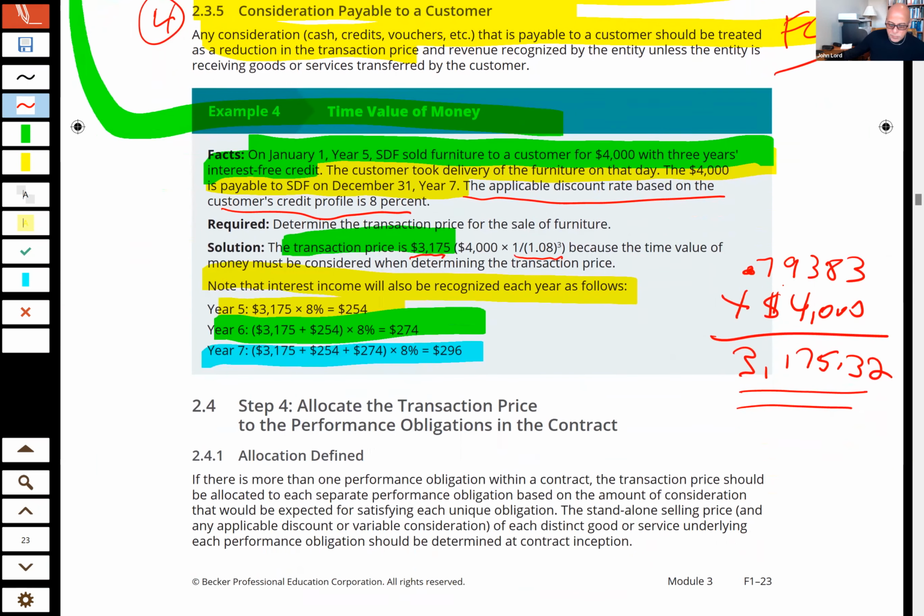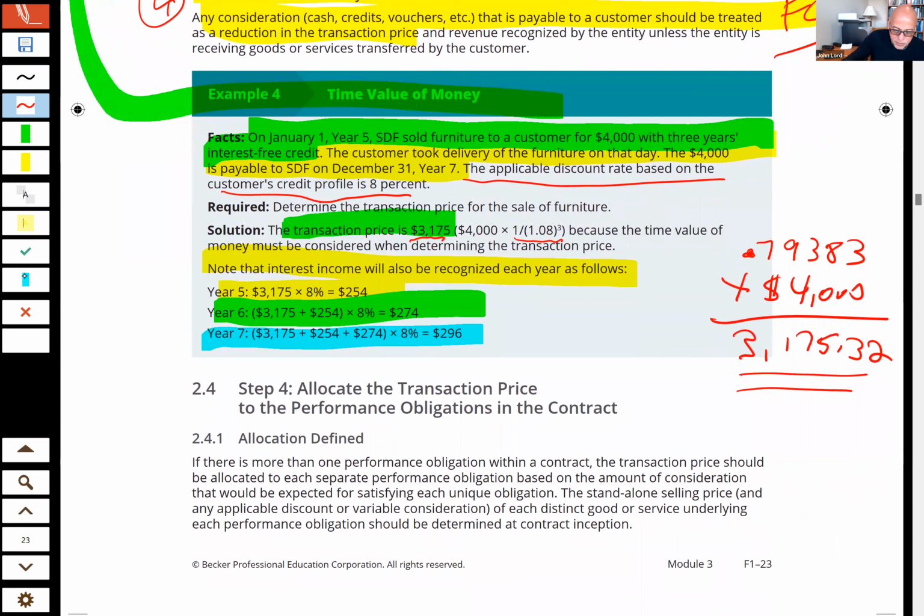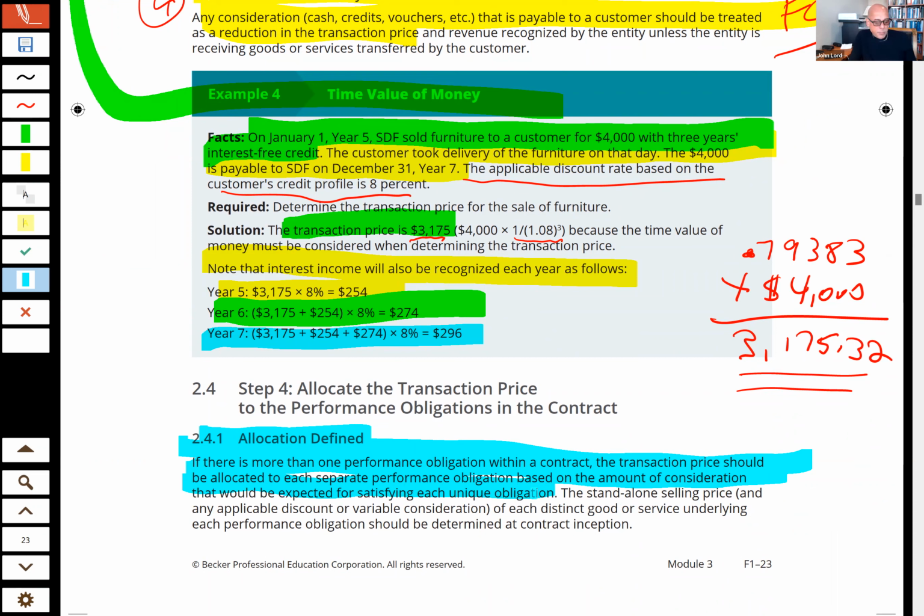Now, once you have determined the transaction price, if there is more than one performance obligation, the transaction price should be allocated to each performance obligation based on the amount of consideration that would be expected to satisfy each unique obligation. We just did that in a way with the interest versus the amount that we're receiving for having delivered this furniture.